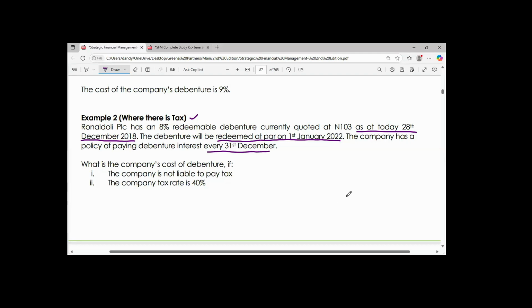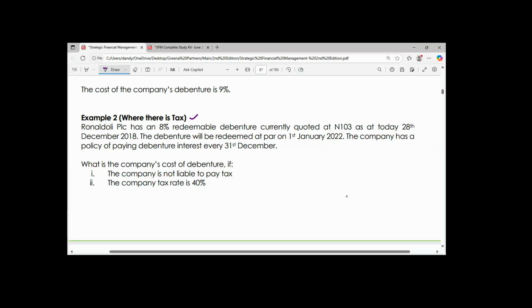Questions usually come in different dynamics, and you must understand how to interpret a question. No matter how big or small a question is, if you can't interpret it properly, certainly you can't get to the right answer. This question looks very simple, but if you can't interpret the information you have, you may miss the road.